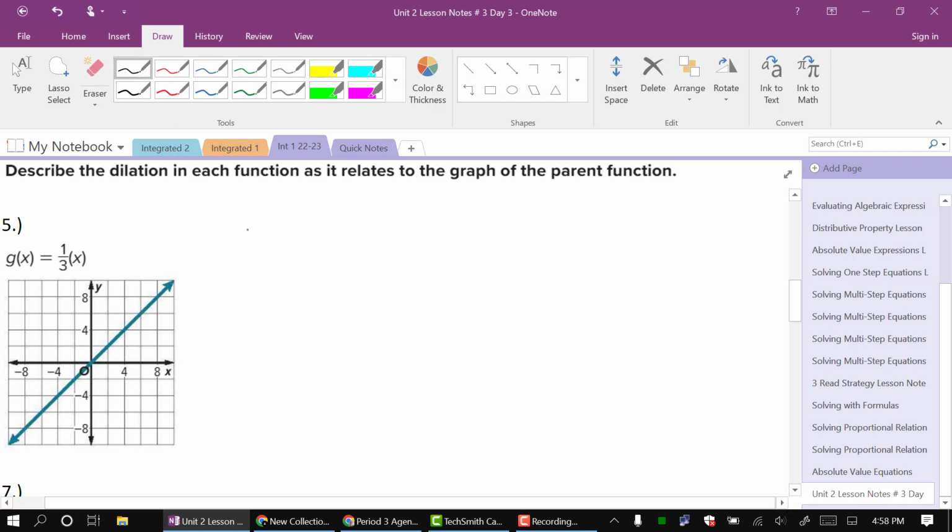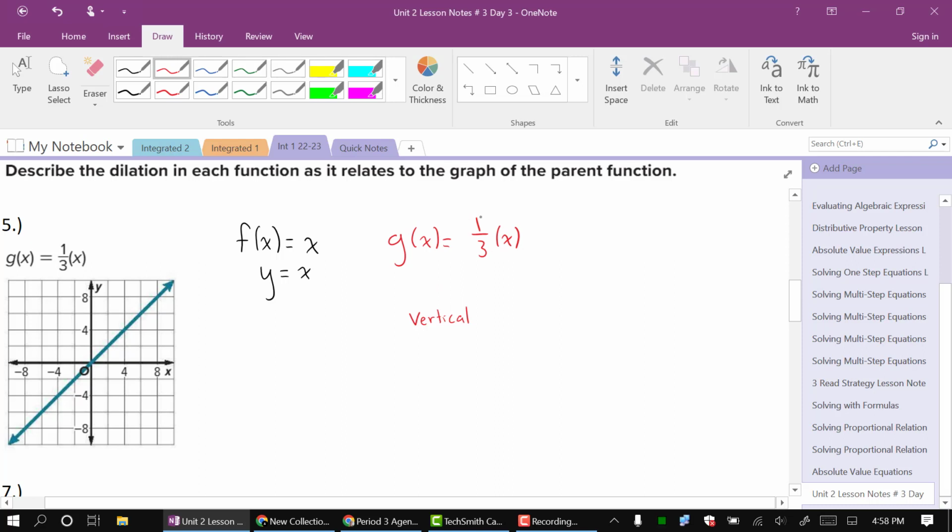Our parent function is f of x equals x, and it's already been graphed, so we don't have to worry about graphing it. My new function is g of x equals 1/3 x. As we said, it's outside, so this is going to be a vertical dilation. Now we want to figure out what our a value is.